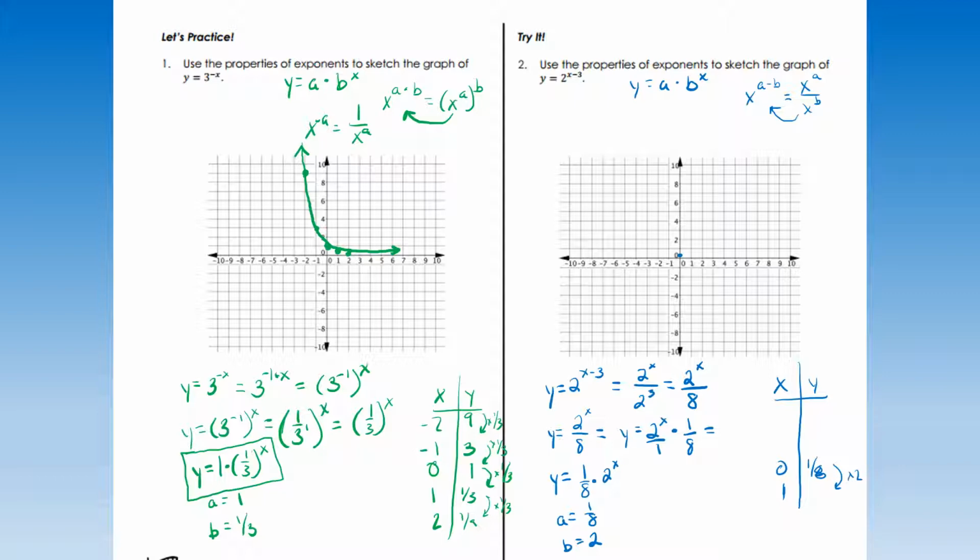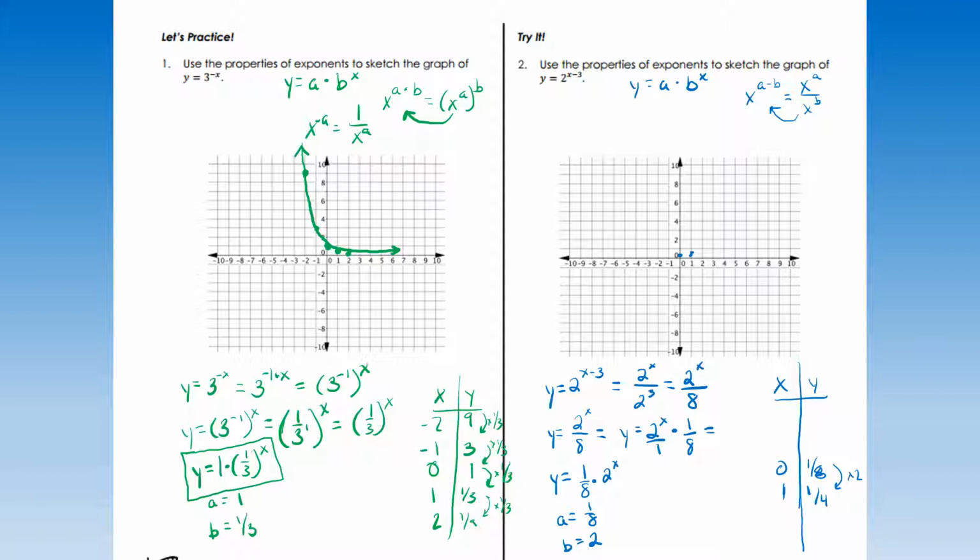So 1/8 times 2 would be 2/8 or 1/4. So it's 1/4. So it's a little bit above where 1/8 is.